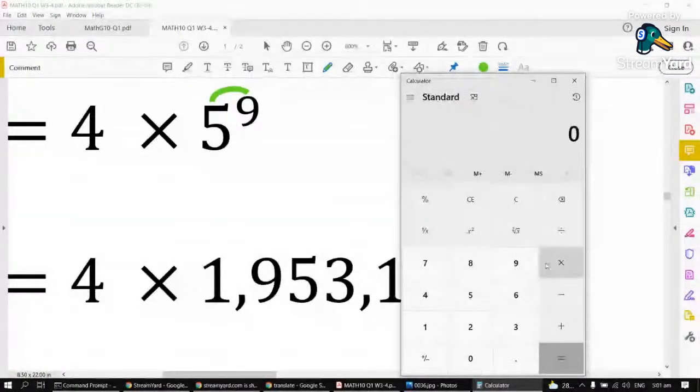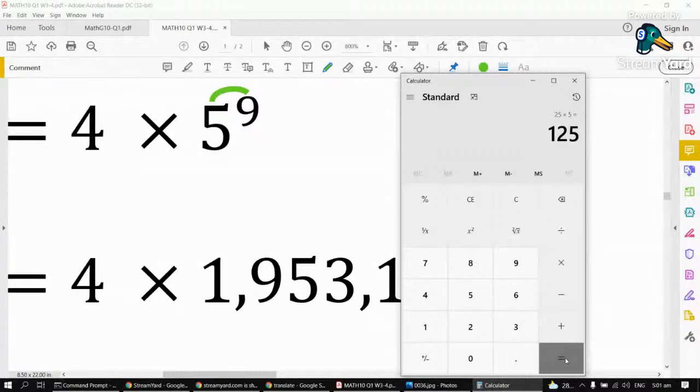Paano ba 'yung ginawa ko sa calculator? 5 times 5. Pag pinindot ko 'yung equals, 'yun 'yung second term. Pag pinindot ko 'yung equals, ita-times siya ng 5, that's the third term.